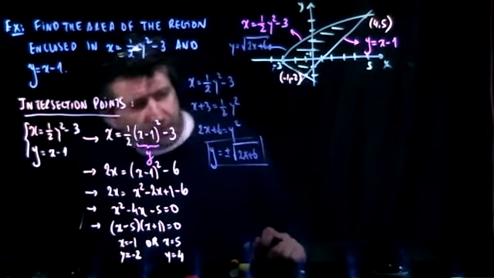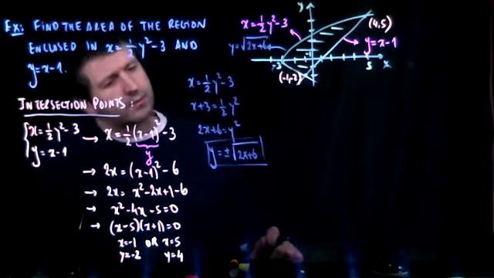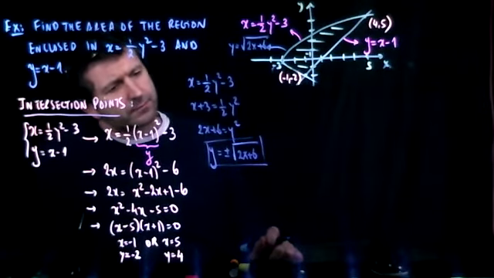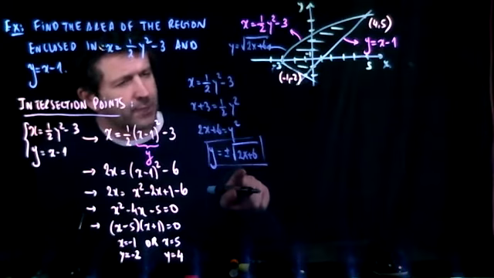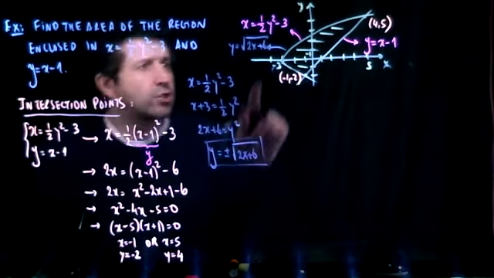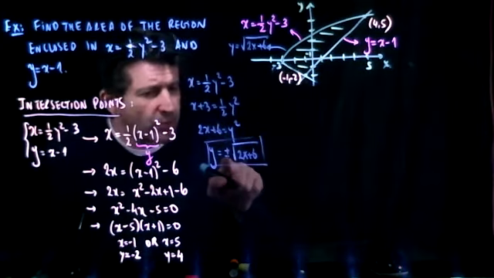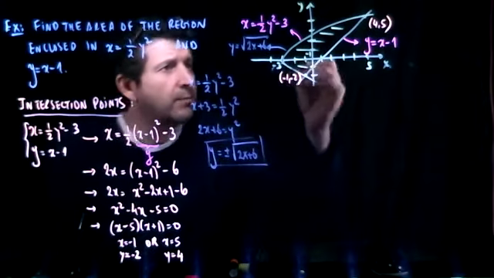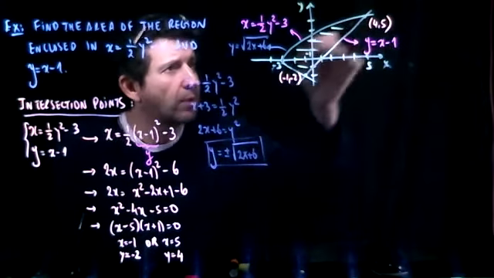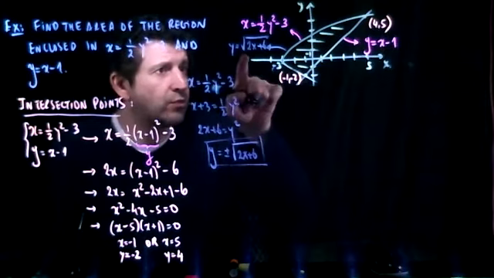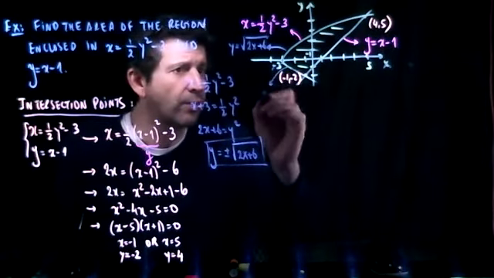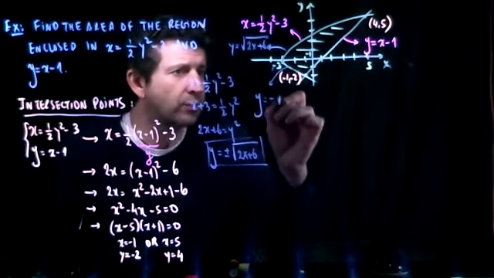So what does the plus or minus mean? It means the top branch of this parabola is the plus square root, and the bottom branch of the parabola is the minus square root.